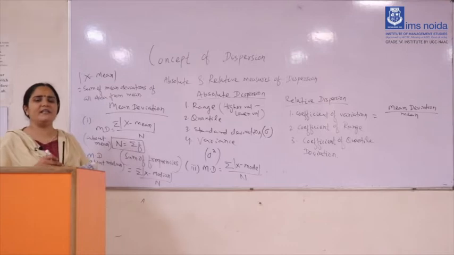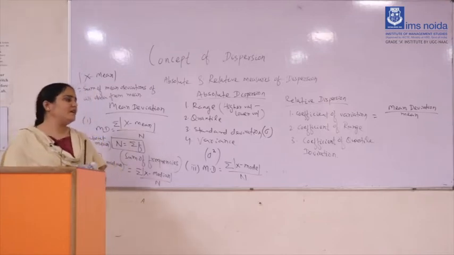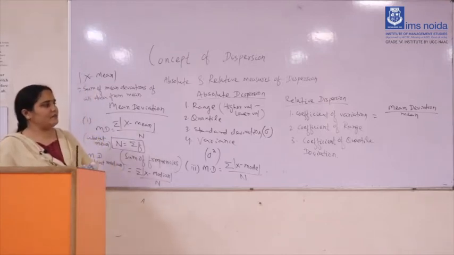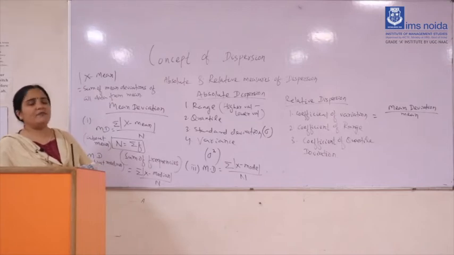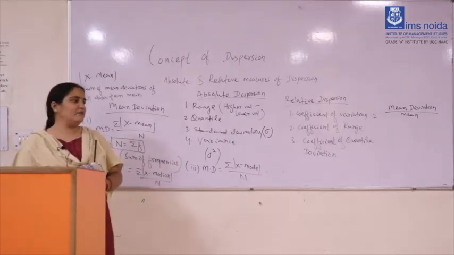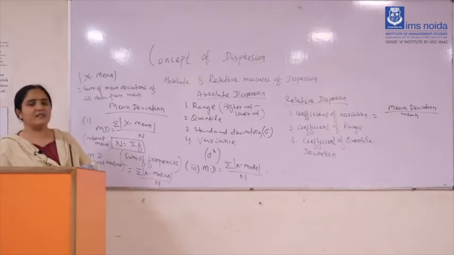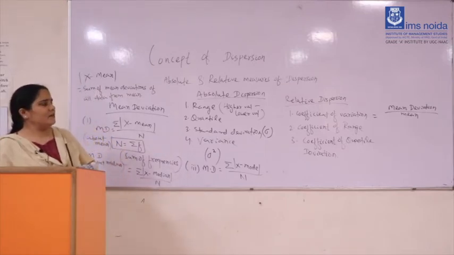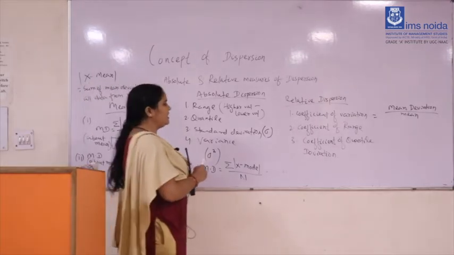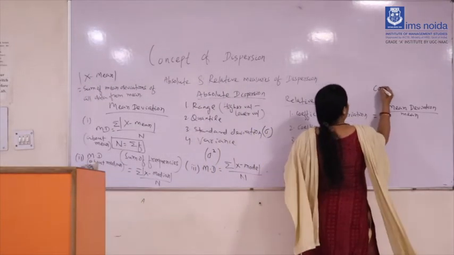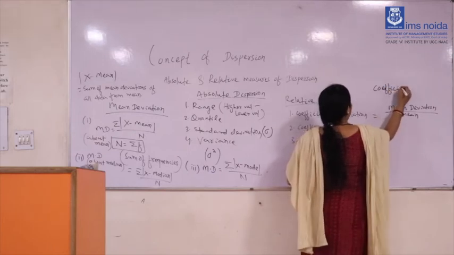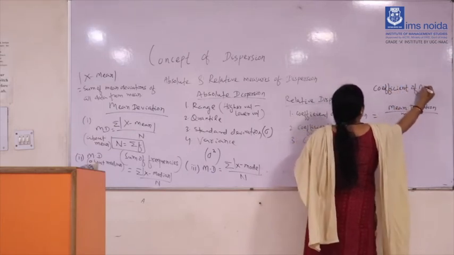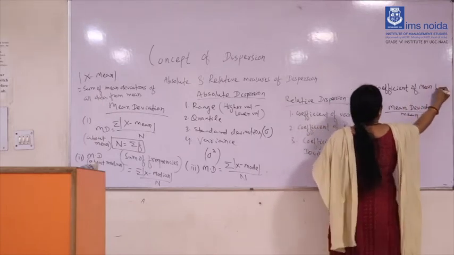If you are considering the median as the important part, then you calculate mean deviation about median divided by median. If you are considering the mode value, then you calculate mean deviation about mode divided by mode. So this is about the coefficient of mean deviation.